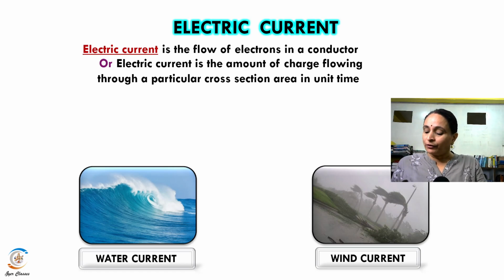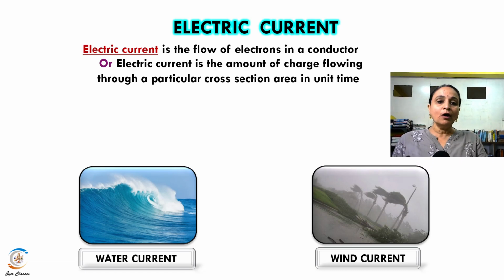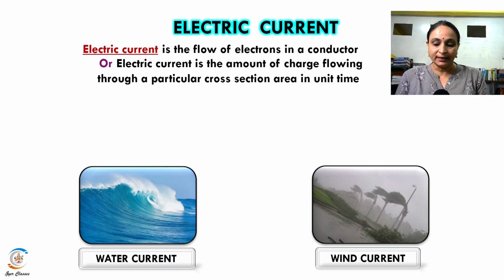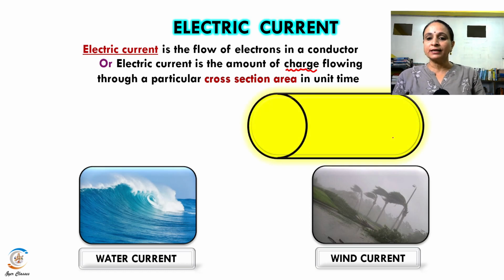Okay, so the definition of the electric current is actually the flow of amount of charge through a particular cross section in a unit time. So to understand this, what is cross-sectional area?